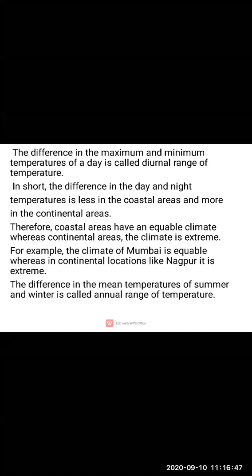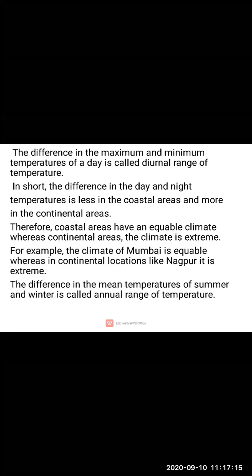Okay, so if we observe the range of temperature in the Konkan region and compare it with the Vidarbha region, the range of temperature is found to be higher in the Vidarbha region, and in the Konkan region the temperature range is less. So if we are comparing a coastal region such as Konkan and a continental region such as Vidarbha, what happens in Konkan?